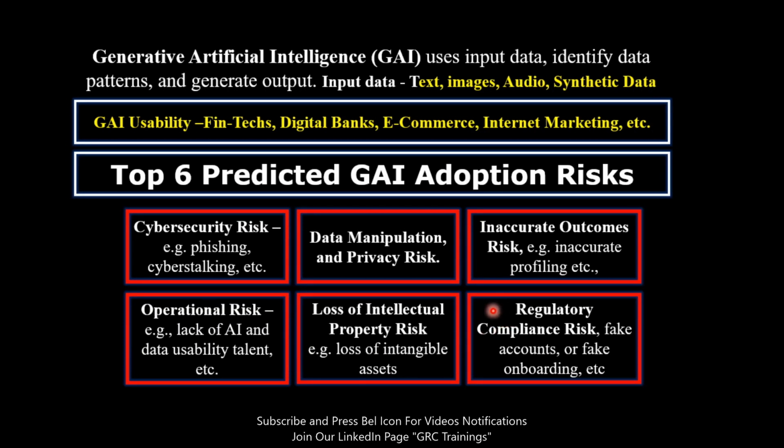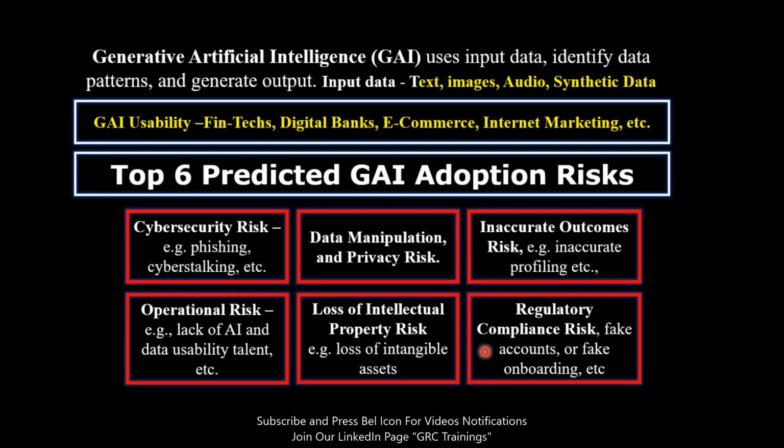Further, if the organization or management relies on generative AI, then the management may face regulatory compliance risk, because on the basis of wrong input data, there are chances that fake accounts are opened, or the fake data provided by customers is not appropriately identified and verified by the generative AI, because the AI was not based on the identification of the parameters where account authentication should be performed.